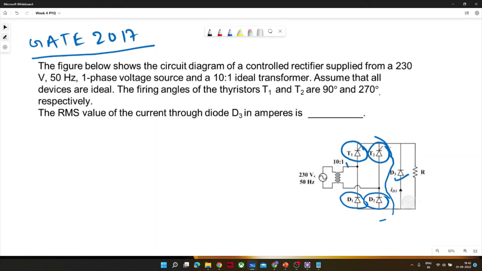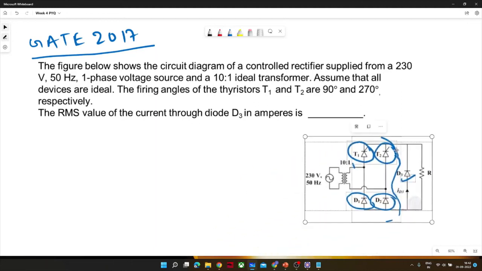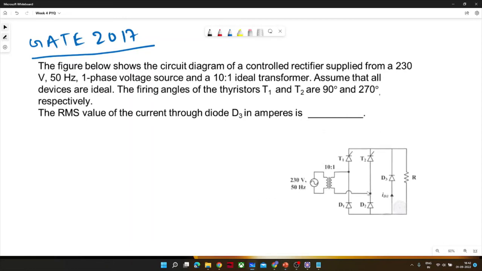Now let me move this thing. In this problem, it is asked to find the RMS value of current through the diode D3. Let's go step by step, from 0 to 90, 90 to 180 and so on.